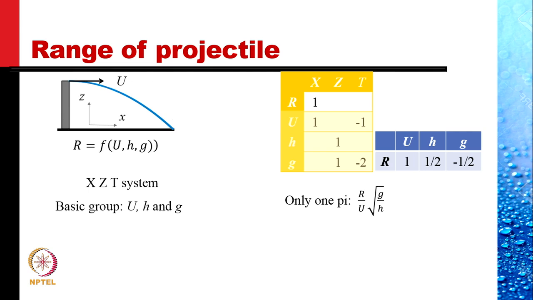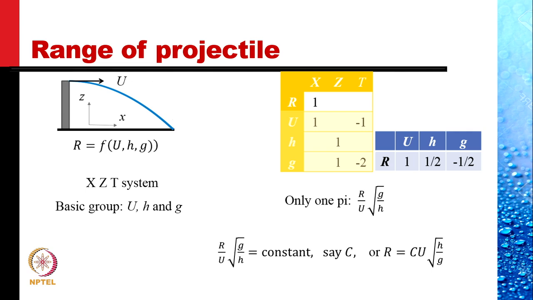And this should be invariant. It should have the same value in every experiment, whatever be the value of u, h, and g. So one experiment would establish the value of C in the relation R is equal to C, a constant, times u under root h by g. So this clearly established that using the directions as dimensions could simplify this projectile problem.